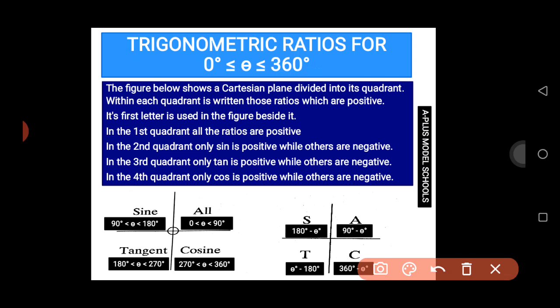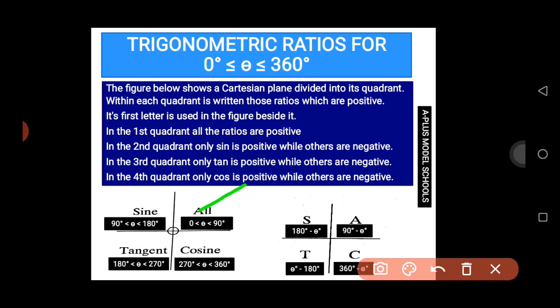But here, there are some of these trig ratios that once they fall in one or two quadrants, their signs change. For instance, in the first quadrant, sine, cos, and tan are all positive.